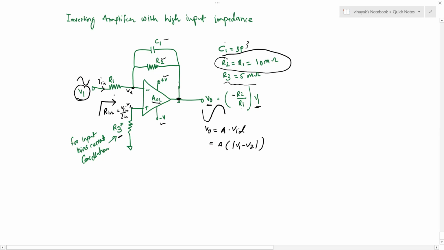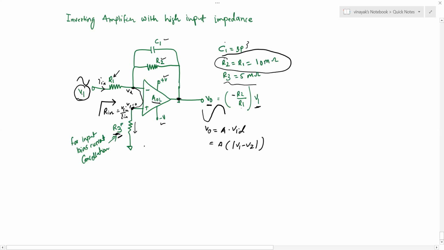So R in is basically equal to R1 if we do the analysis and see the circuit, because you see this potential voltage right here with R3 very high, negligible current flows through it, and this V1 is at zero, and through the virtual short concept this zero voltage comes at V2 also.